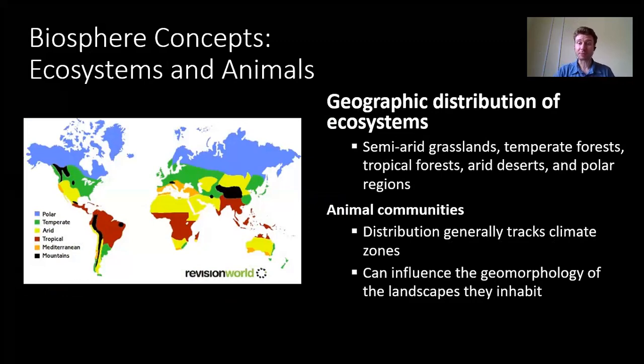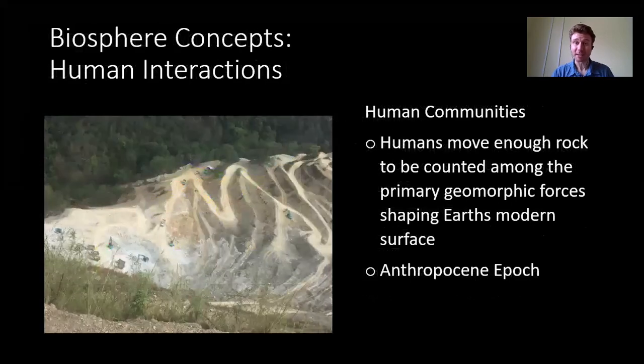And we think about animals, how they can influence the geomorphology of the landscapes and landforms that they inhabit. And ultimately, us being one of those animals, humans move enough rock to be counted among the primary geomorphic forces shaping the Earth's modern surface.